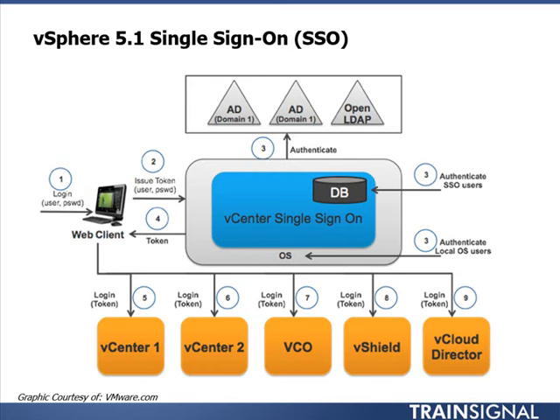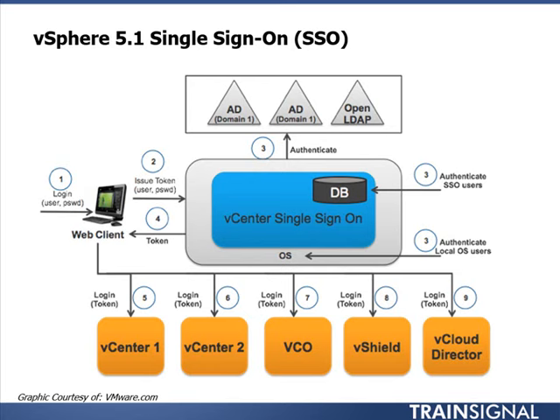From there, if we look at number 4, on the left-hand side, the token from the single sign-on server is sent back to the web client, and then that web client can use the login token to connect to multiple VMware virtual infrastructure resources and services. So if you start on the left, you've got vCenter 1, vCenter 2, VCO, which is vCenter Orchestrator, VMware vShield Manager, which is now called VCNS, or vCloud Networking and Security, and then VCD, or vCloud Director.